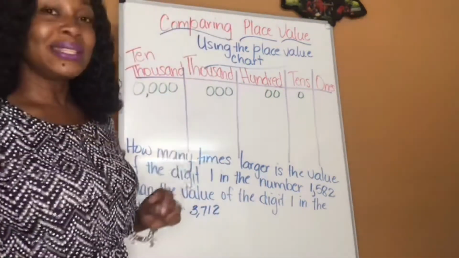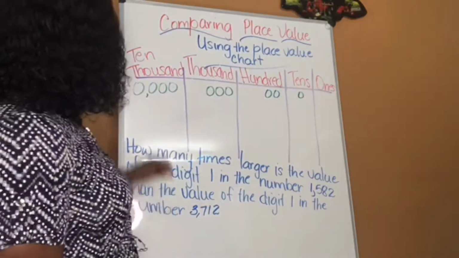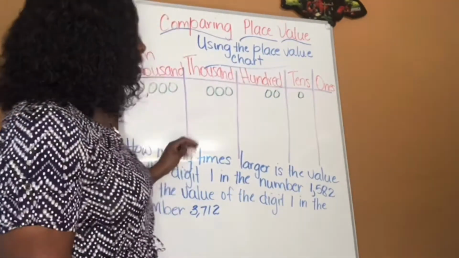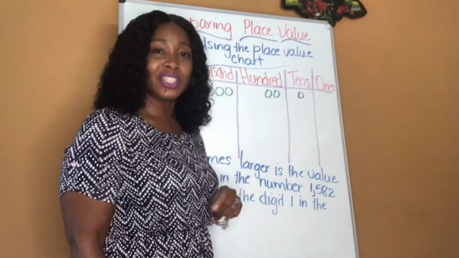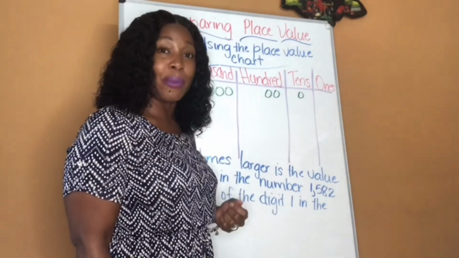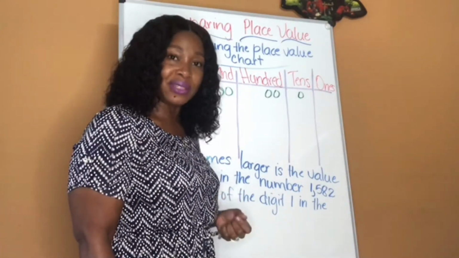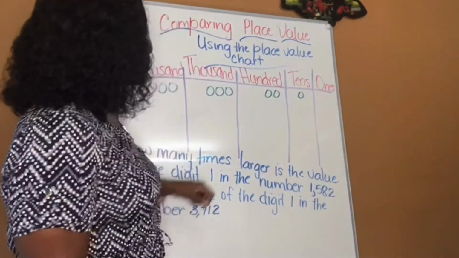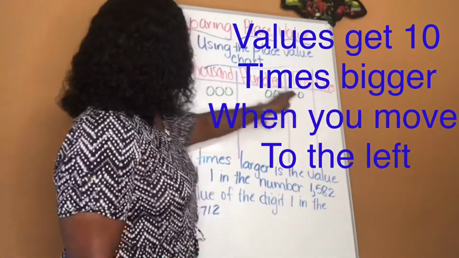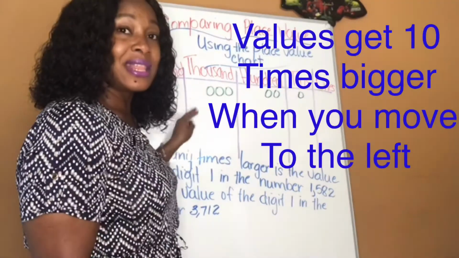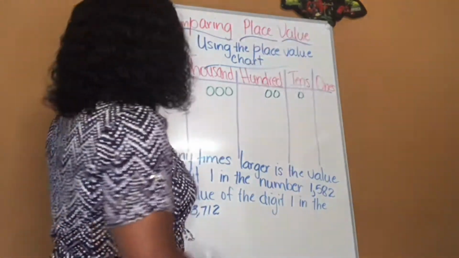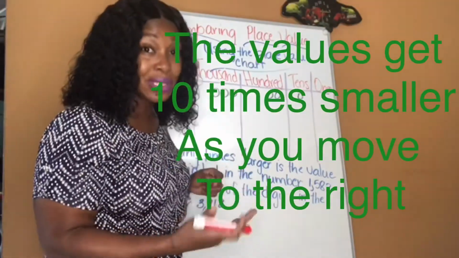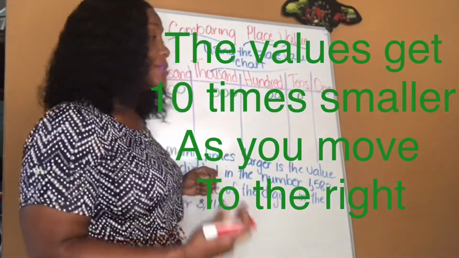So just to backtrack a little bit, the place value chart is what we use to help us know the value of digits within numbers. Remember, numbers are made up of digits. As we move to the left on the place value chart, the values become 10 times bigger. As we move to the right, the values become 10 times smaller.